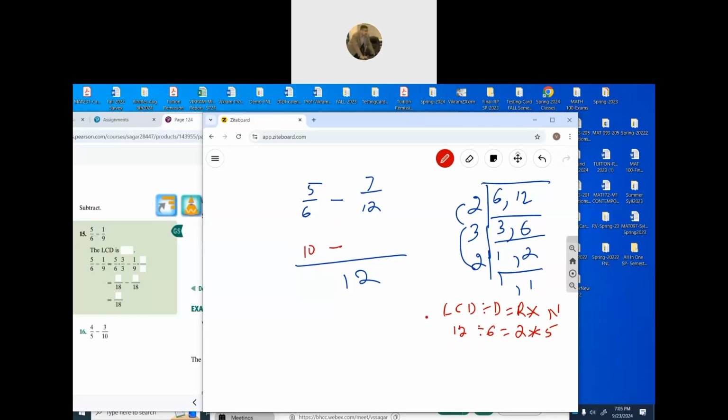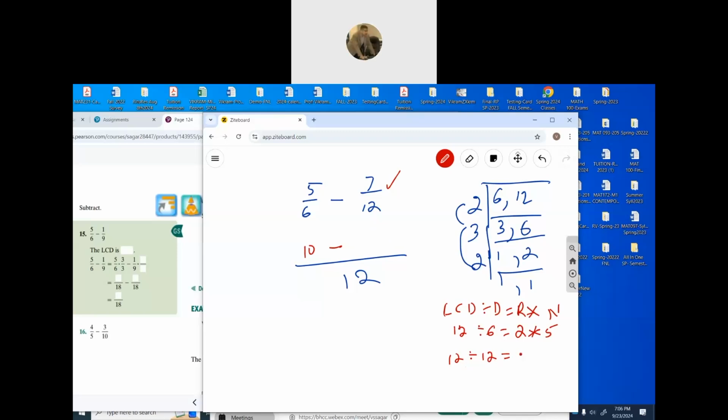Now use the formula again. Let's deal with this number. What should I do now? So you've got 12 divided by the denominator, D. Oh, denominator, I'm sorry, 12. Give me that number, D. One.